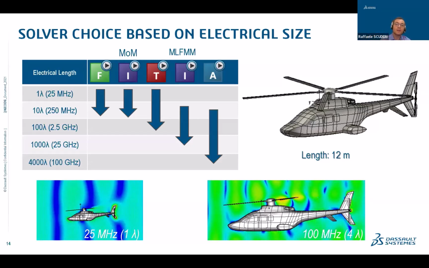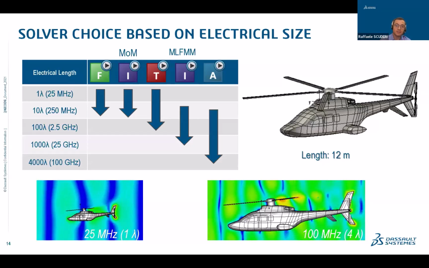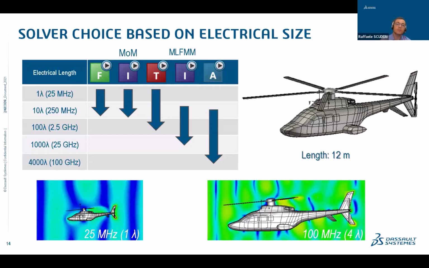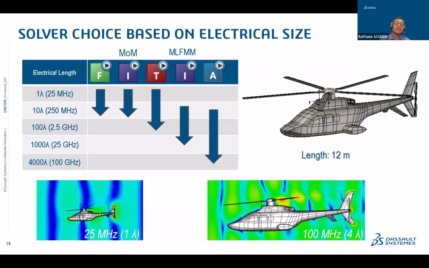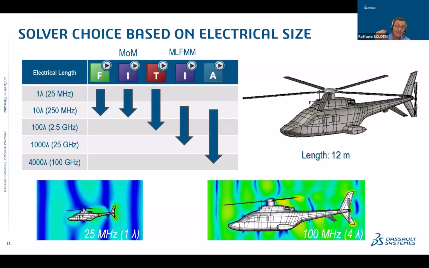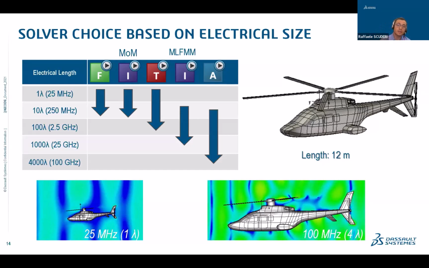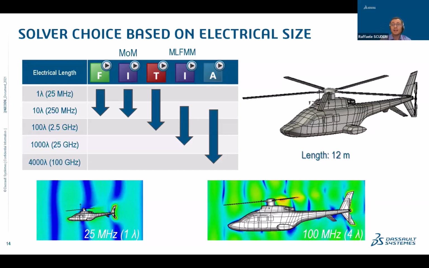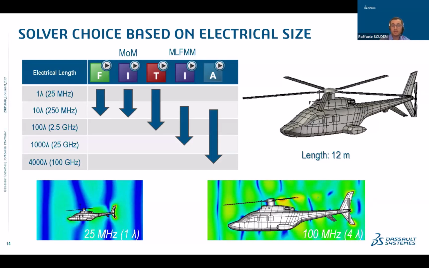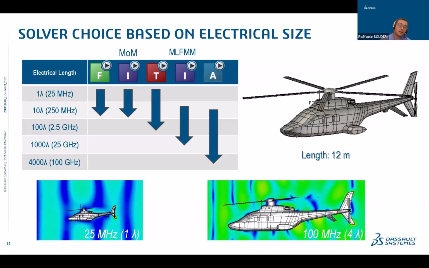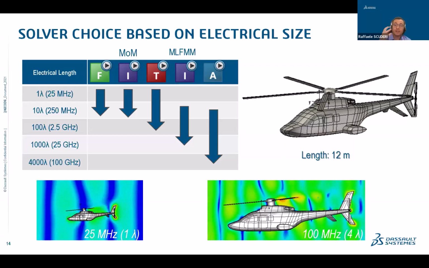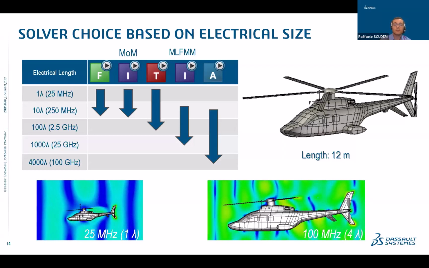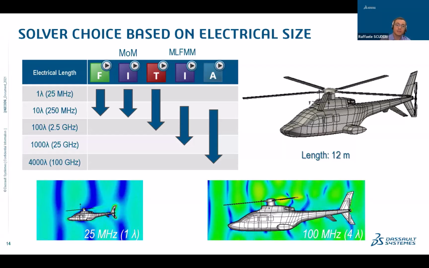We have one case where the size of the model is pretty much 1 lambda, and then it's bigger, and bigger and bigger, where in the end we can distinguish several scattering centers on our model that will contribute pretty much independently of each other, while in the completely opposite case, we have a very small object where everything is combined together, and we also have some resonant behavior.